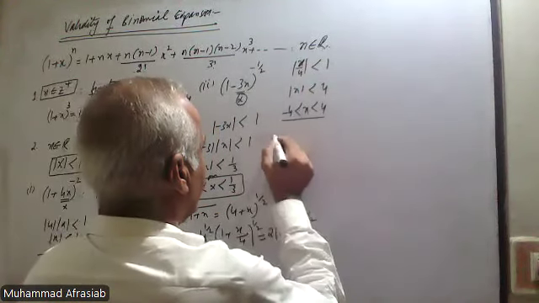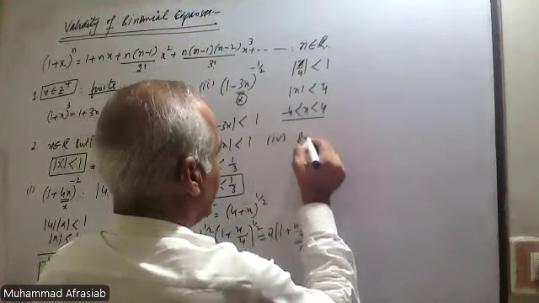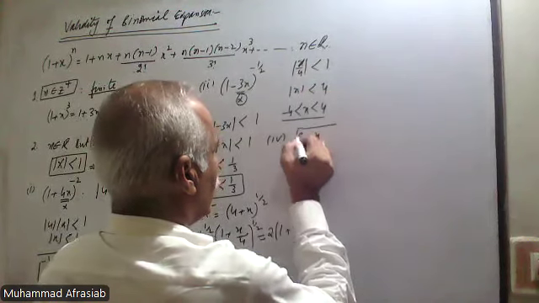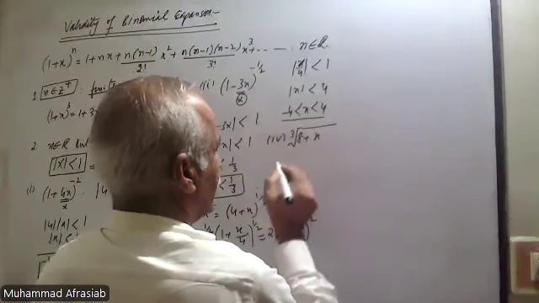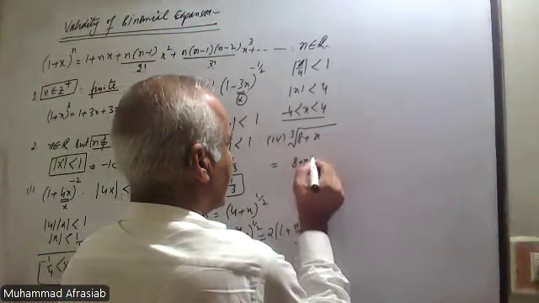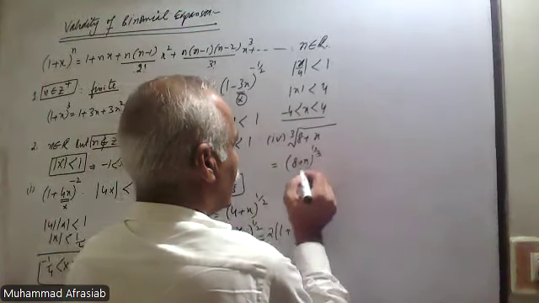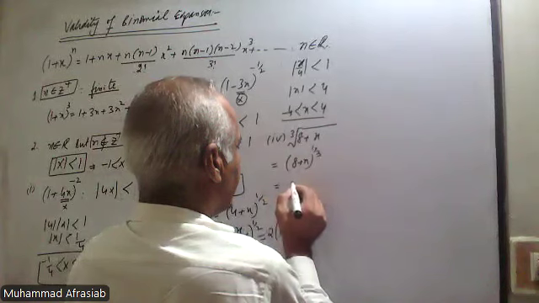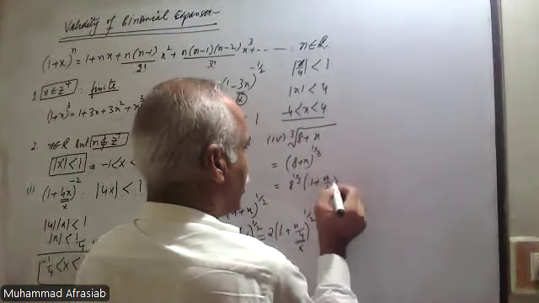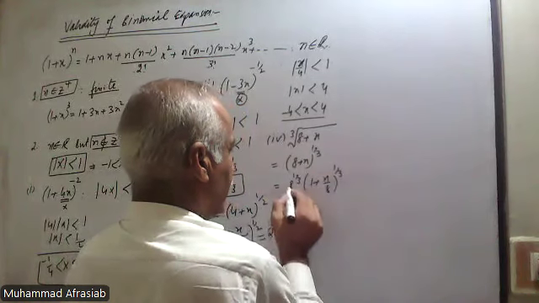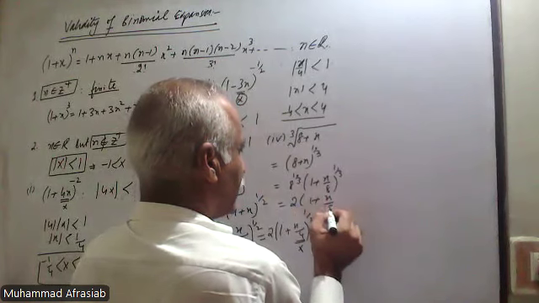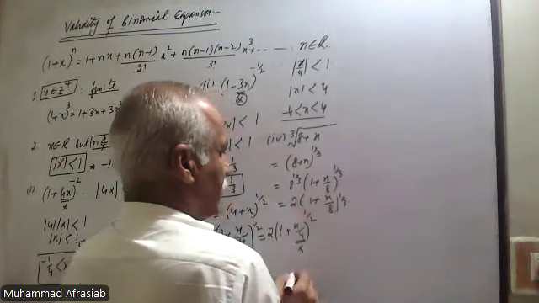Suppose we have another example, the cube root of (8 + x). We can write this as (8 + x)^(1/3), or 8^(1/3)(1 + x/8)^(1/3). This becomes 2(1 + x/8)^(1/3).